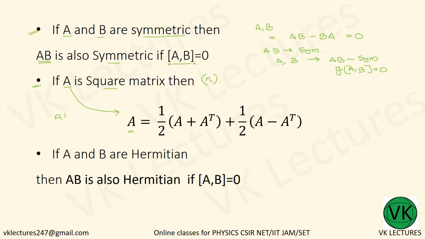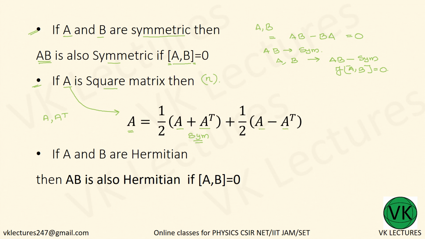A equals half into A plus A transpose, and this A plus A transpose gives us the symmetric part, plus half into A minus A transpose.